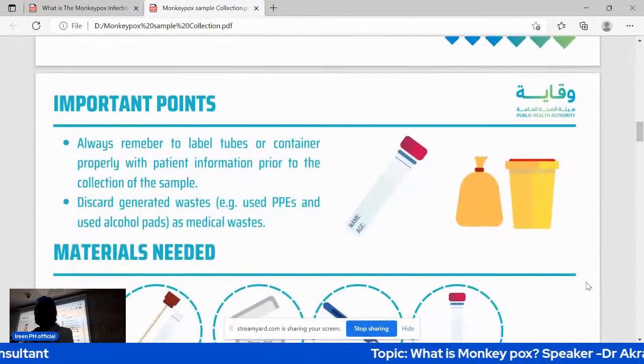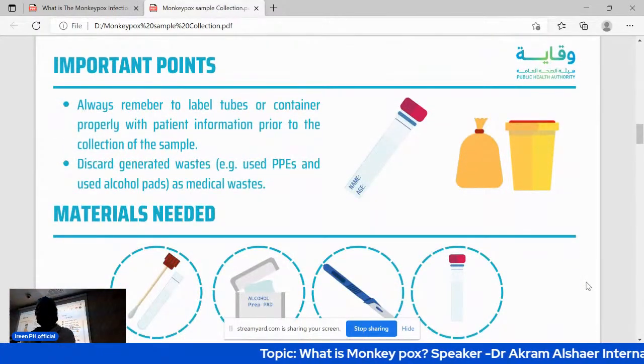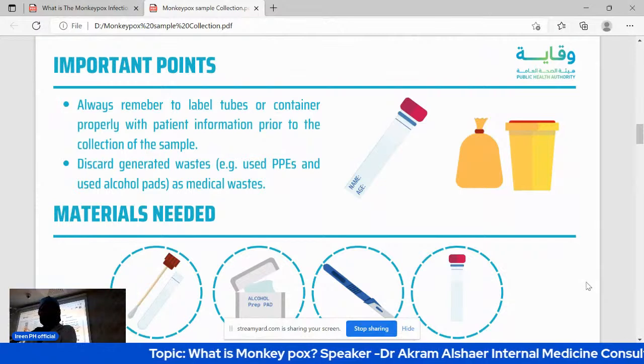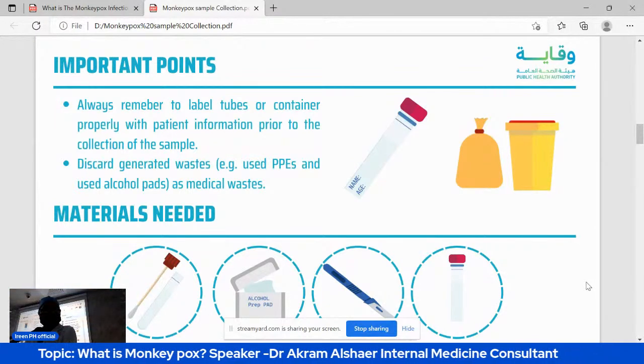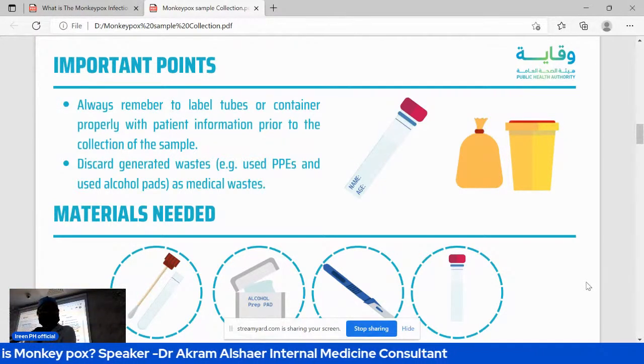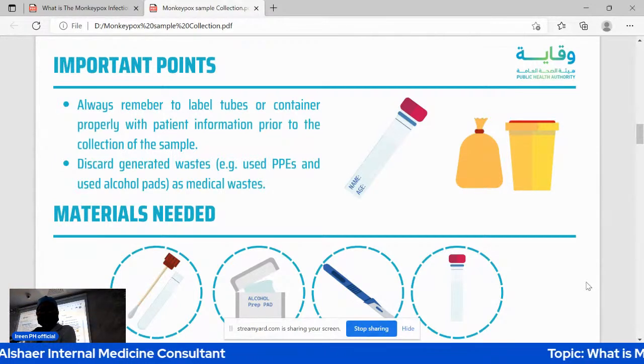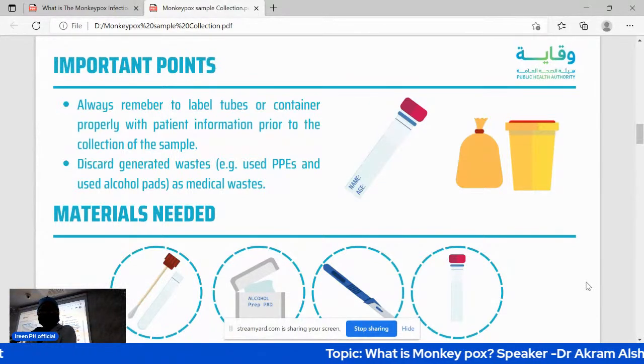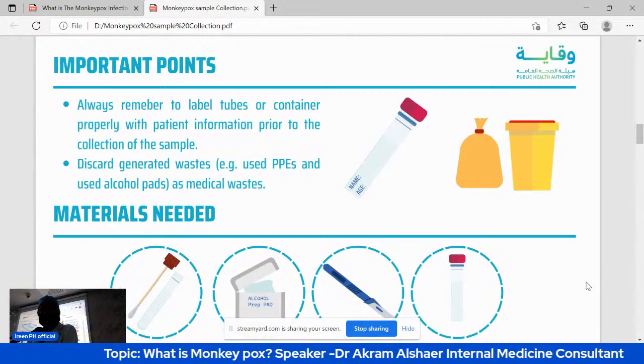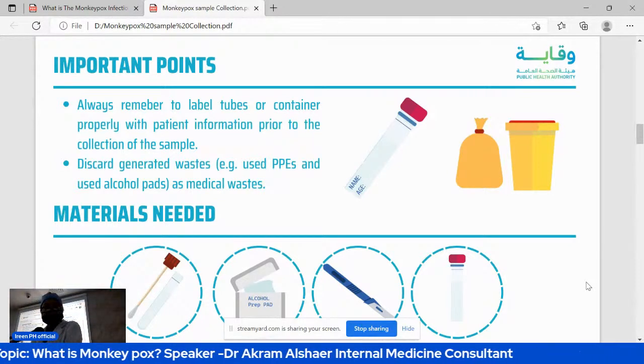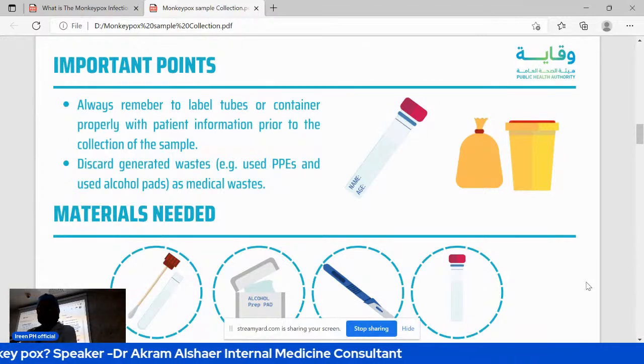Important points: always remember to label tubes or containers properly with patient information prior to collection of the sample. Discard generated waste. Use PPE and use alcohol pads as medical wipes.